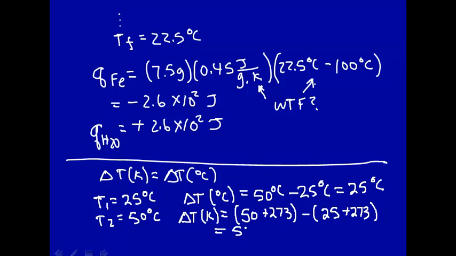But note that this would be 50 minus 25 plus 273 minus 273, so that will cancel out, and we'll just get 25 Kelvin. So a delta T in Kelvin is a delta T in degrees C. That's why we used degrees C here with Kelvin. This delta was the same regardless of whether we used degree C or Kelvin. Okay, and that's that.